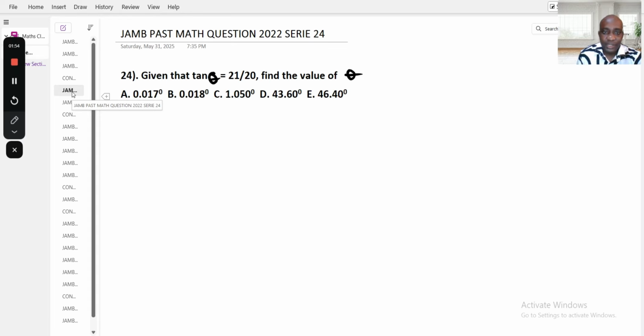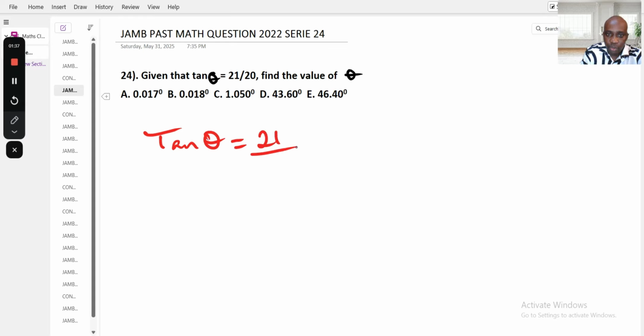Given that tan of this angle equals 21/20, find the value of that angle. Now let me write out the question so that we can begin to solve it. Tan equals 21 divided by 20, isn't it?